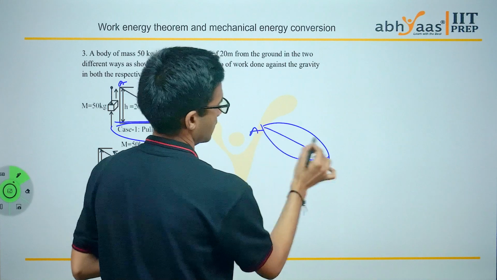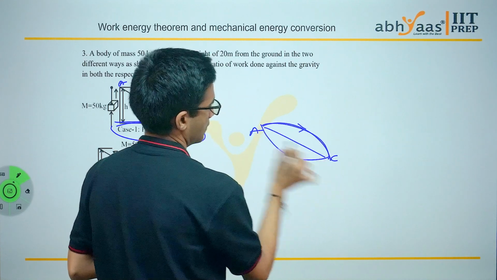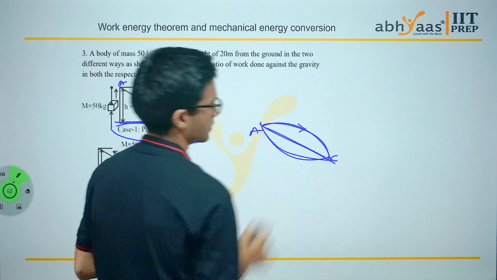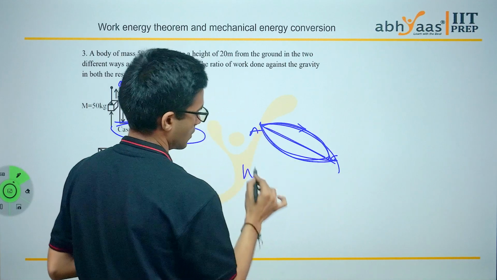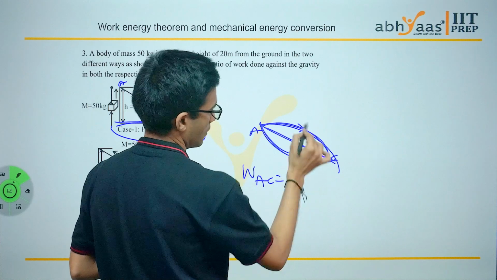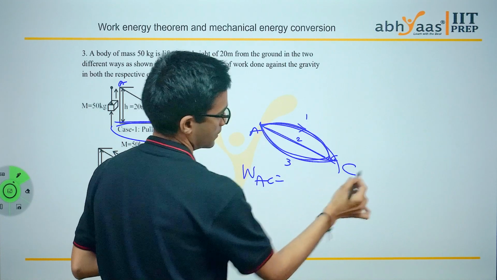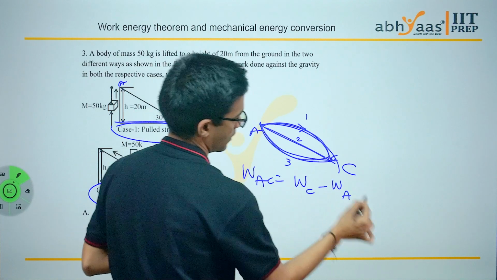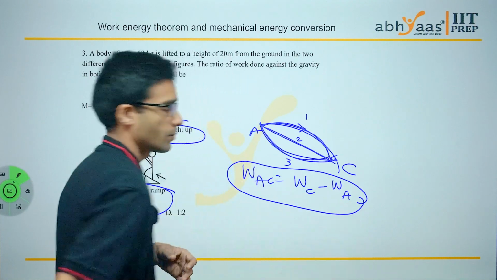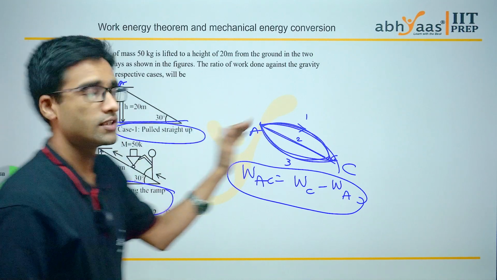So it may go like this or like this. Work AC is equal to, this is 1, 2, 3. In 3 different paths, work done is equal to work C minus work A. That means it does not depend on the path.